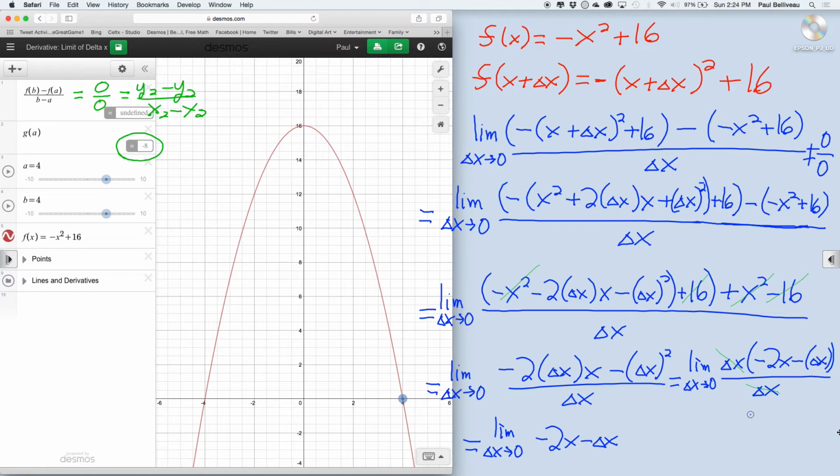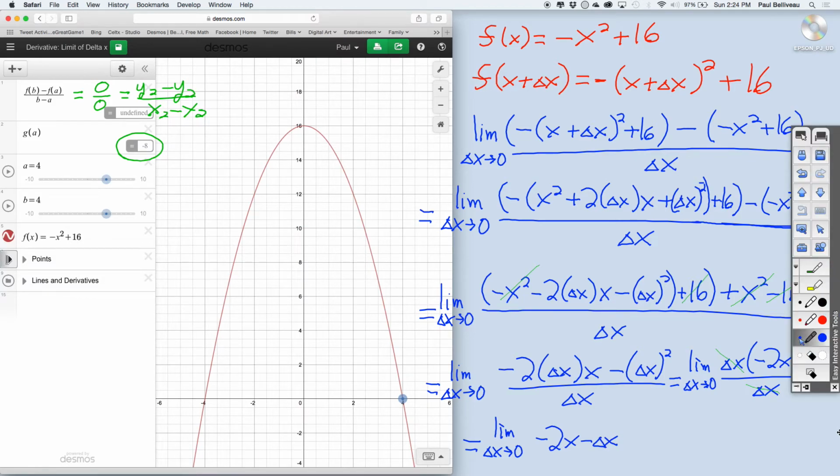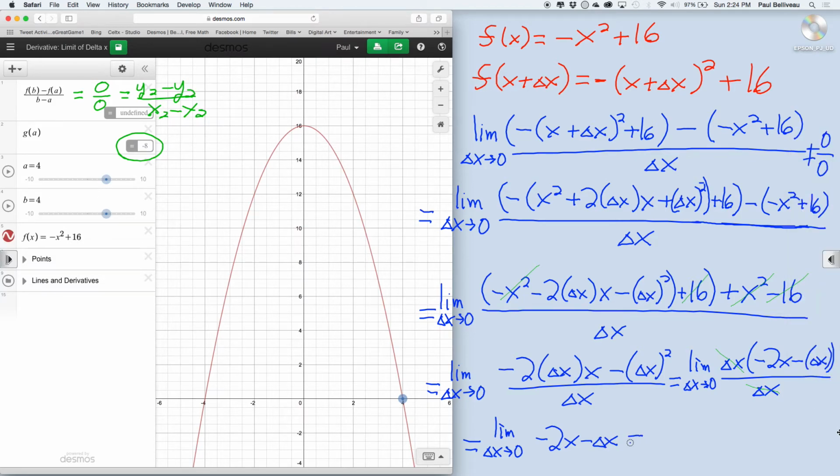Now see what happens. We've crossed out the common delta x to the top and the bottom. I can go ahead and let the dog off the leash now. If I allow delta x to reach 0, this is 0, who cares? I still have a negative 2x. Notice I did not write the limit notation again because I've allowed delta x to go ahead and reach 0. Negative 2x is what I'm left with.